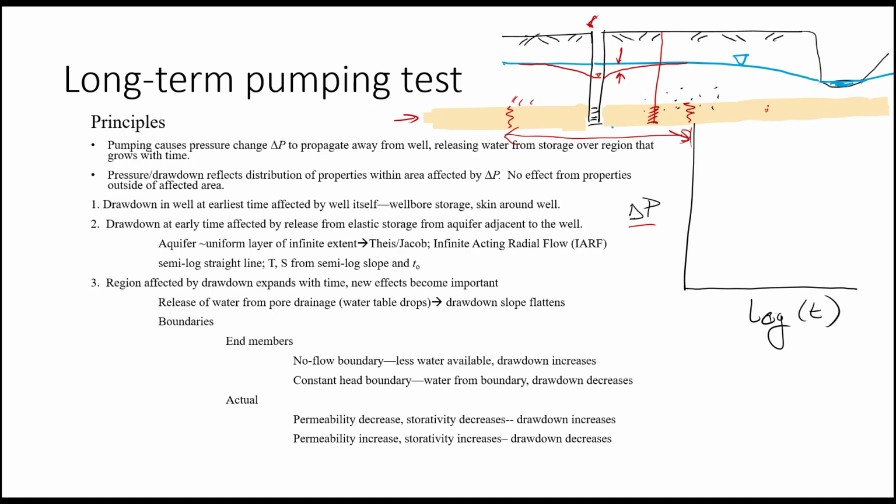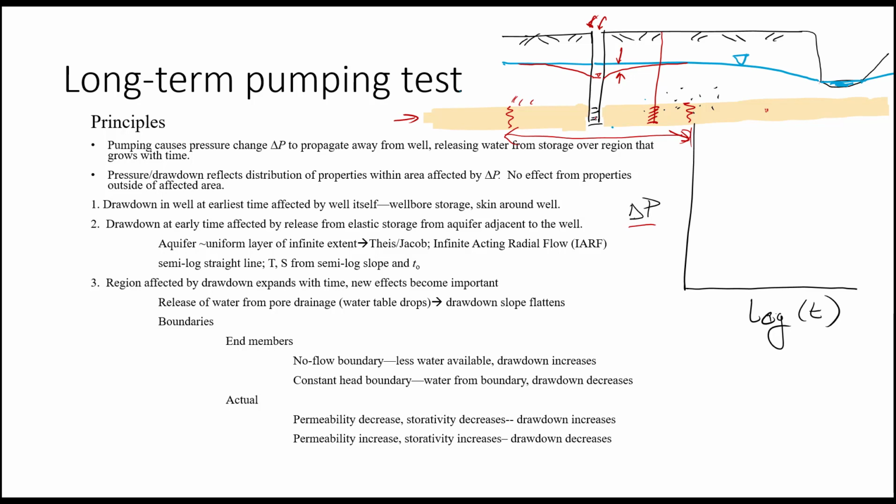Okay, so at early times, what happens is that the drawdown that occurs in the well is going to really just be affected by the properties of the well and right in the vicinity of the well. So you can imagine that right when we turn on the pump, the water that gets pumped out of the well first will be water that's just stored in the borehole.